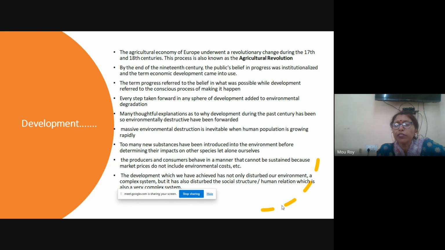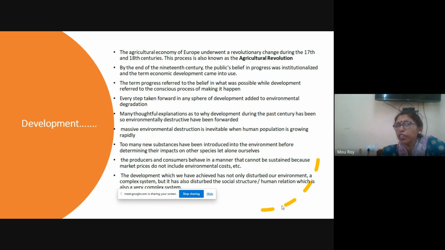The development which we have achieved, we say we have developed, there are developing countries and developed countries. But if you really see properly, we have developed in such a way where we have harmed the environment, where we have polluted the environment, and as a result, it has a very negative impact.